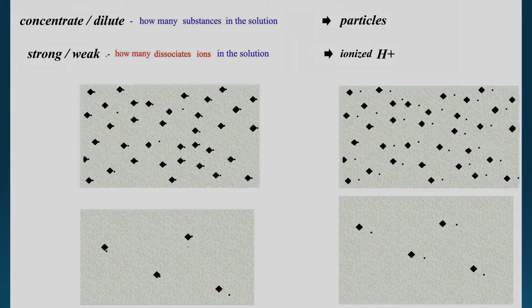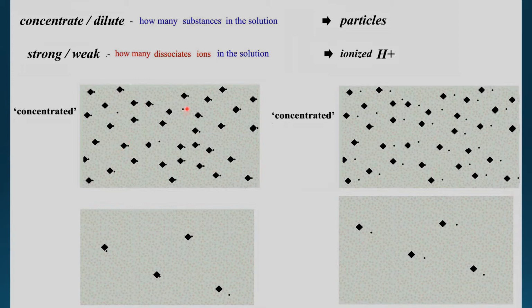On these 4 pictures, let's look at the top one. They both are concentrated, as we look at the molecules, not the H plus. This is the molecule. This is the molecule.